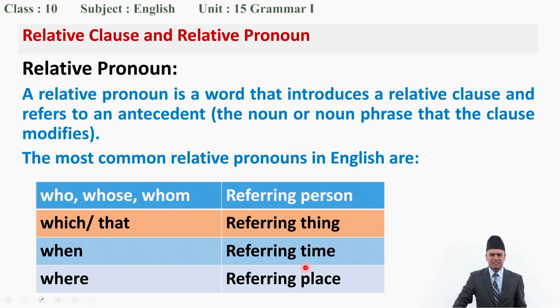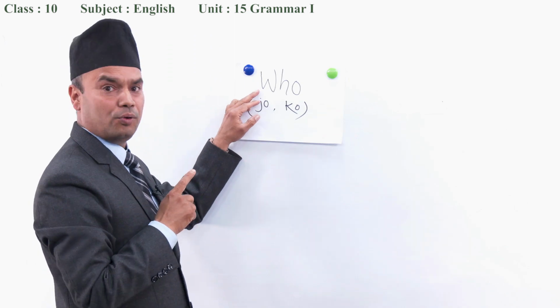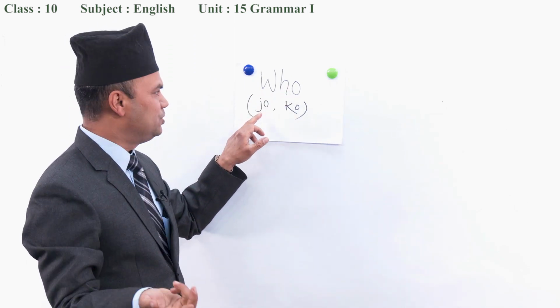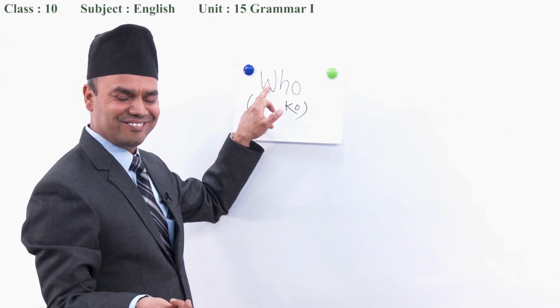Where refers to place. But I know that most of the students like you are confused about these relative pronouns referring to persons: who, whose, whom. Don't worry, I'll show a word card that explains more about this. Let's see. Who. In Nepali, it's jo, ko. Who. Understand? Very good.